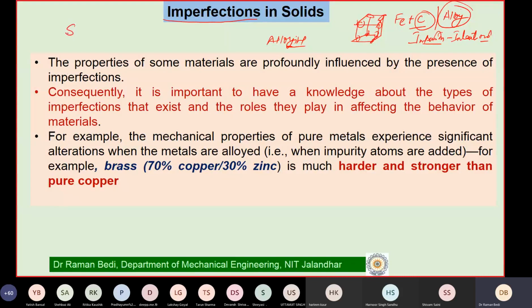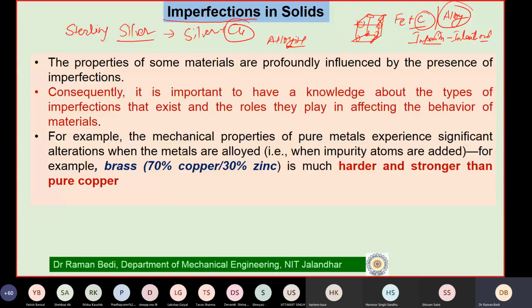So people talk about what we refer to as sterling silver. You may have heard about this. Sterling silver is nothing but silver plus copper, so you have added copper into silver there. Similarly, when you take pure gold, you cannot make ornaments out of that. So you put some impurities like copper into it so that it improves certain properties.